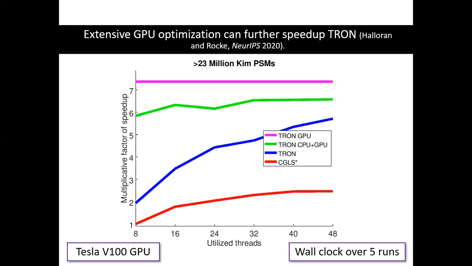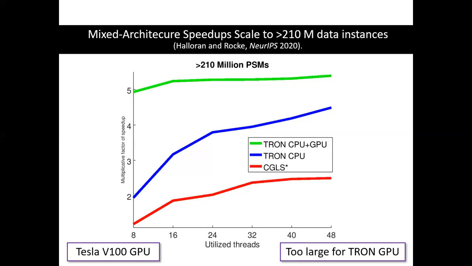Now, just to really drive this point home, we evaluated a massive proteomics data set consisting of over 210 million PSMs. This is one of the largest proteomics data sets evaluated so far in the literature.